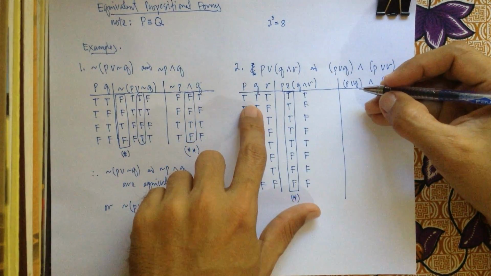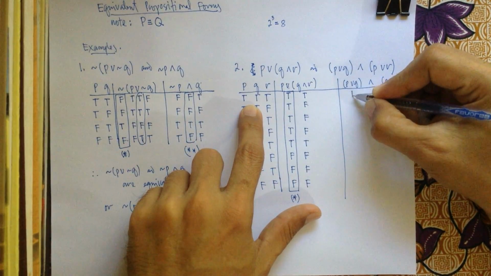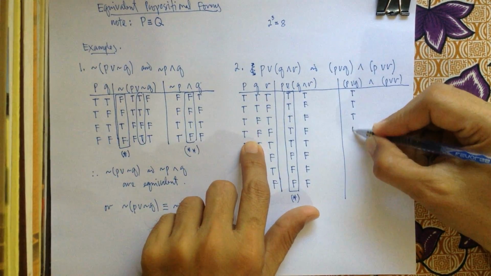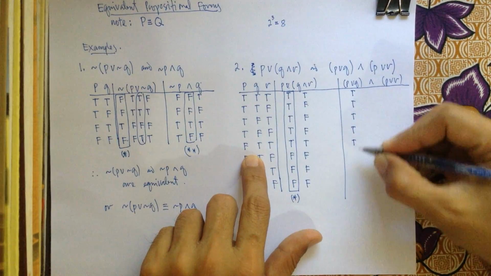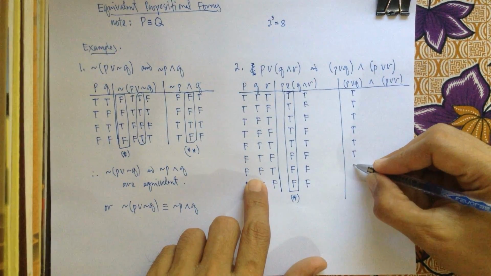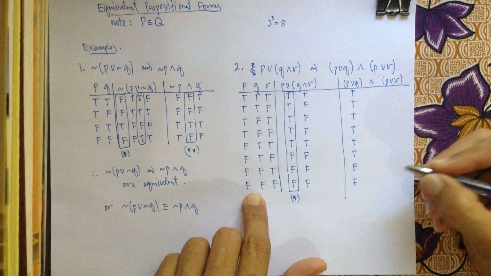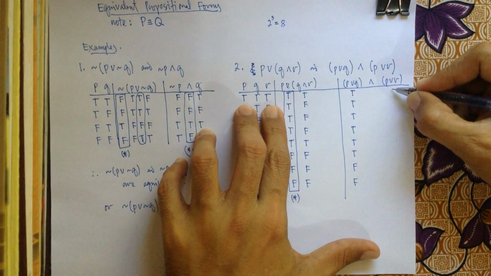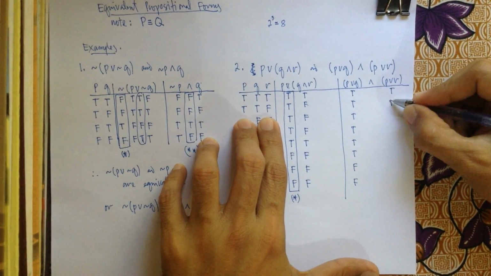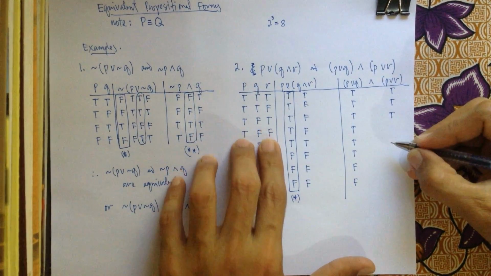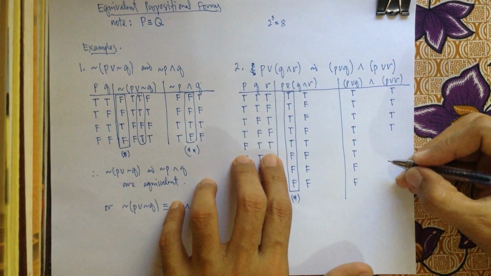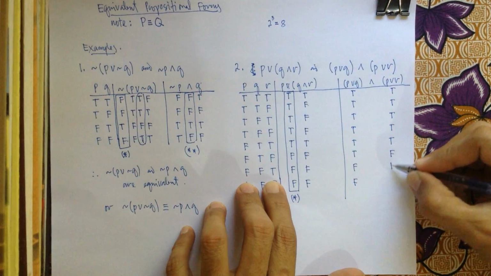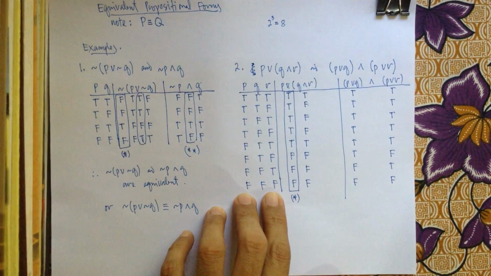What is P or Q? This is true, true, true, true, true, true, then false, false. Then P or R: true, true, true, true, true, false, true, then false.